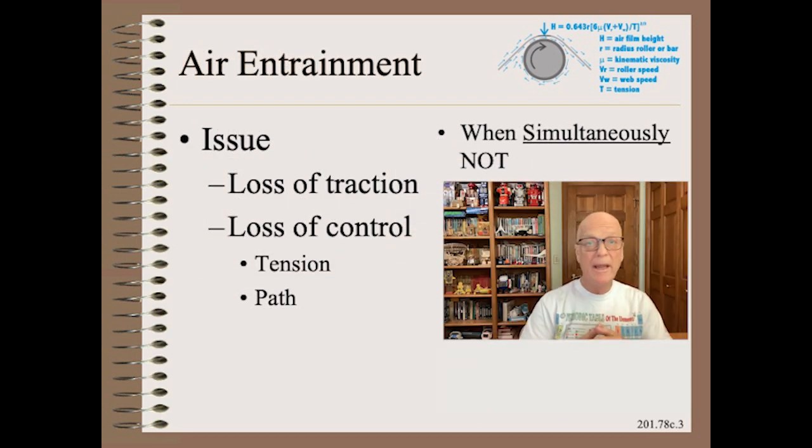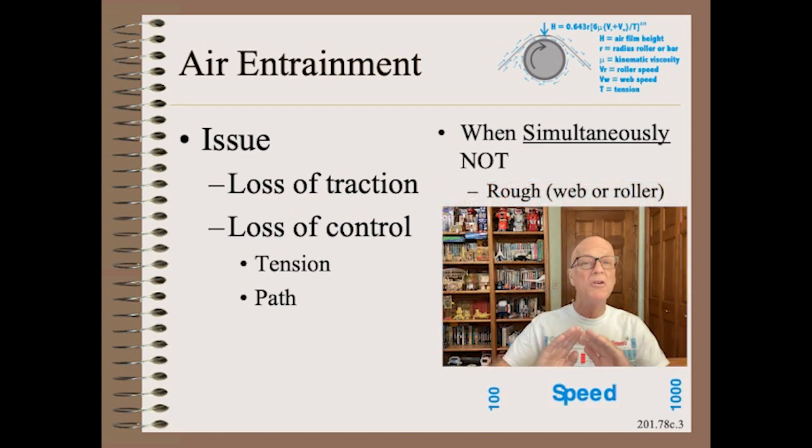The issue you may have is the loss of traction, which means risking loss of both tension and path control. In short, you're likely to go off the rollers and crash, much like hydroplaning on a wet road. However, not everyone needs to be concerned. No worries if you have a rough web, like nonwovens or tissue.